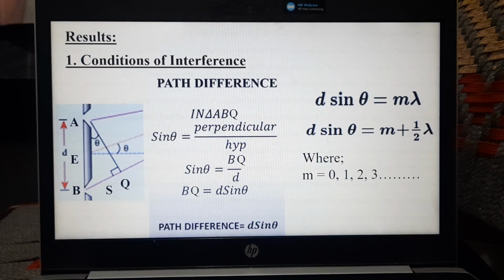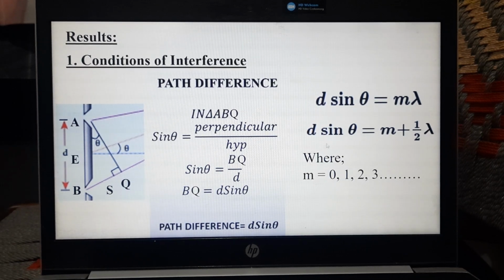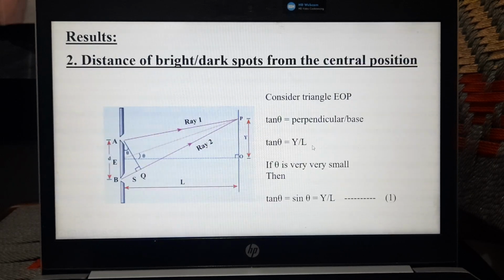And if this path difference is (m plus half) lambda, then the point will be a dark point, and that will represent destructive interference. So this is the very first result from Young's double slit experiment, which confirms the conditions of interference, either in the form of construction or in the form of destruction.